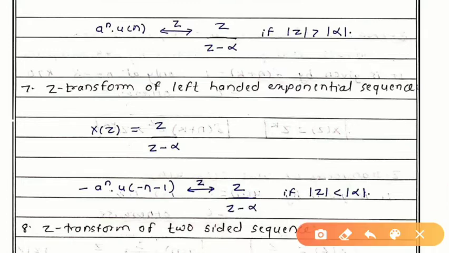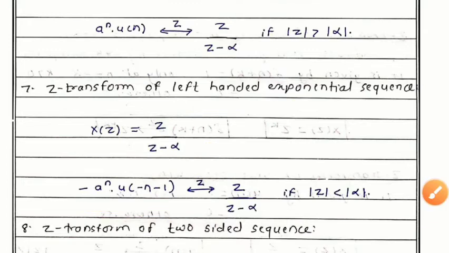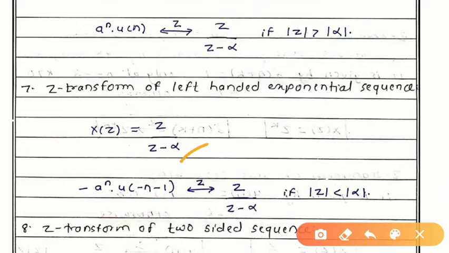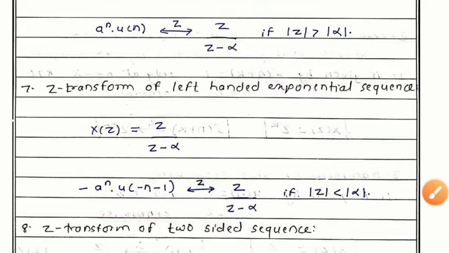It can be denoted by minus a raised to n into u of minus n minus 1, and it has a Z transform of z upon z minus alpha.